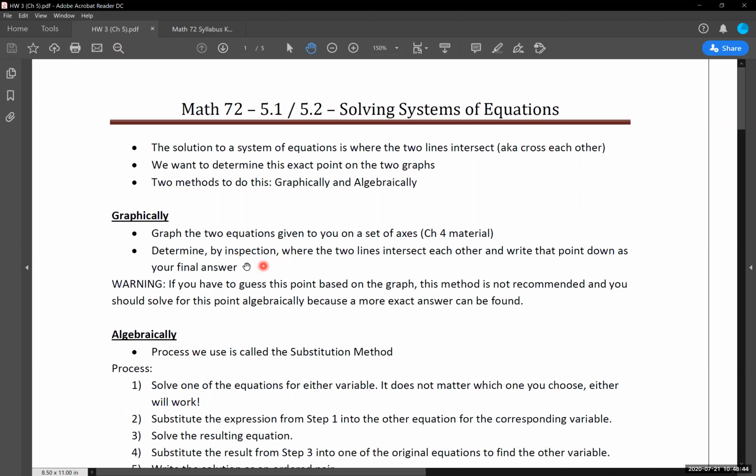Now, the warning that goes along with this graphical method: if you have to guess at this point, this method is not recommended, and you should solve it algebraically to get a more exact answer.